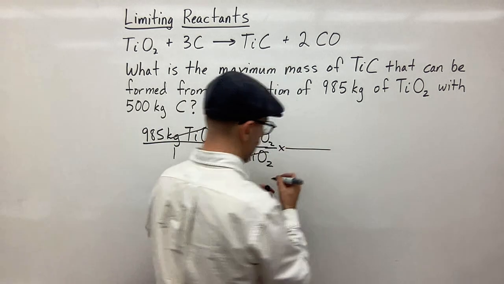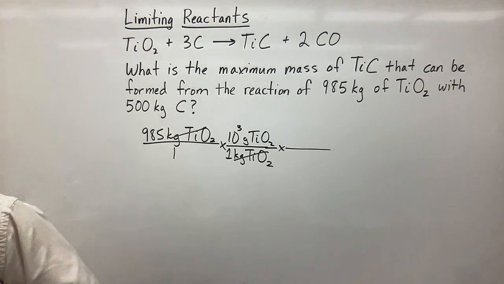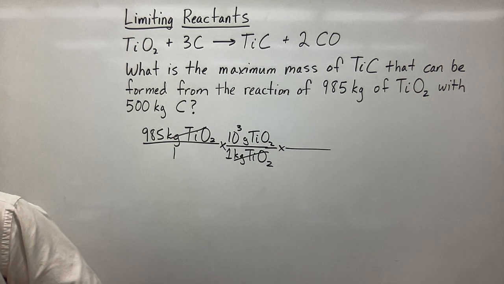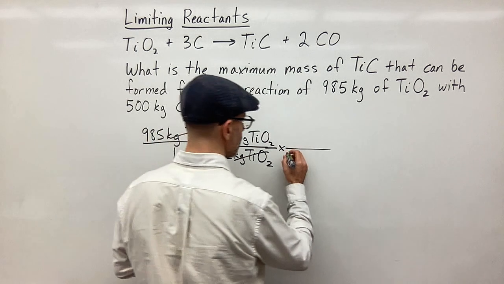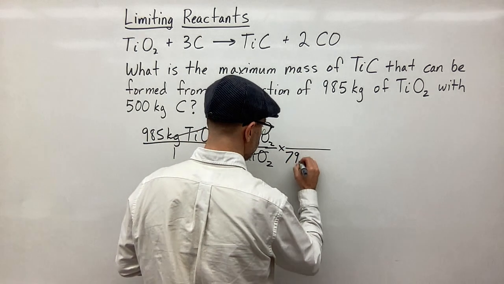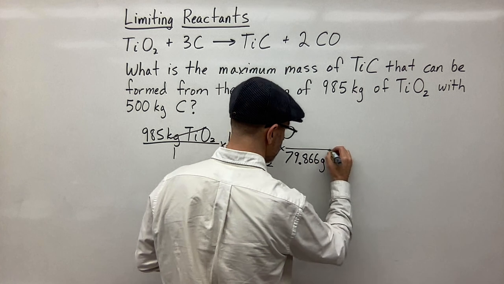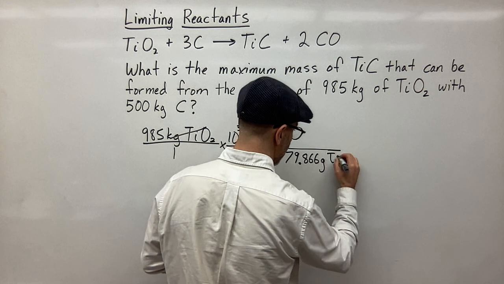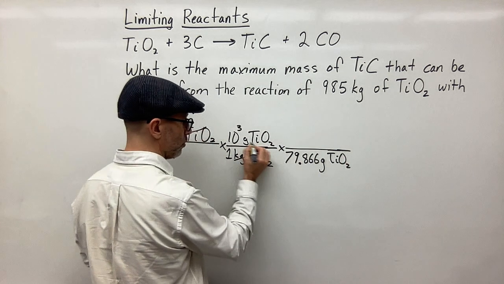Now I can convert this to moles using the molar mass of TiO2. The molar mass is 79.866 grams of TiO2 on the bottom to cancel out grams here.